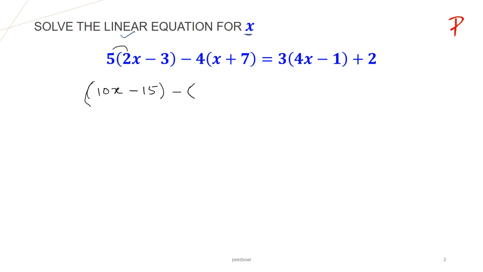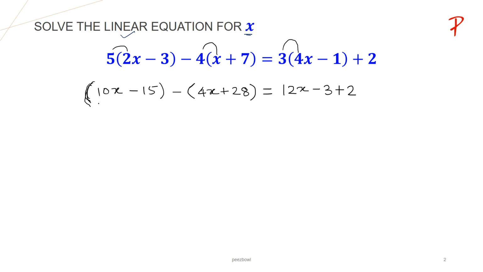Here again in the bracket, when 4 is multiplied by x, that is 4x, plus 4 multiplied by 7, that is 28, and this is equal to 3 multiplied by 4, which is 12x, minus 3 multiplied by 1, which is 3, and at last we have plus 2.